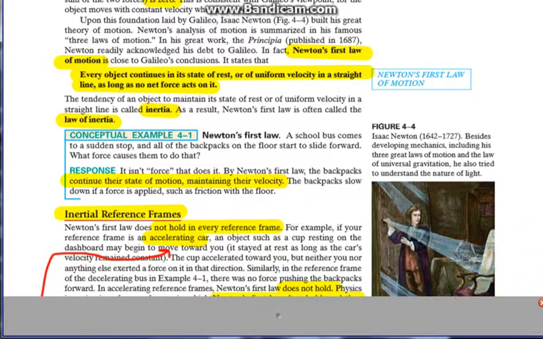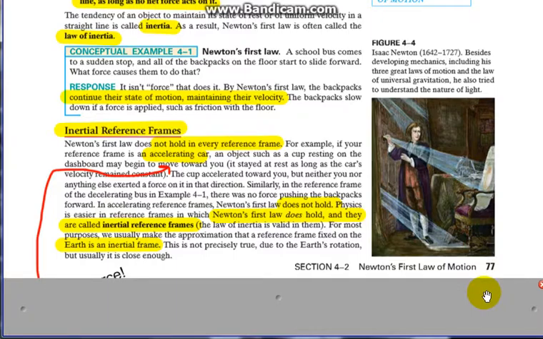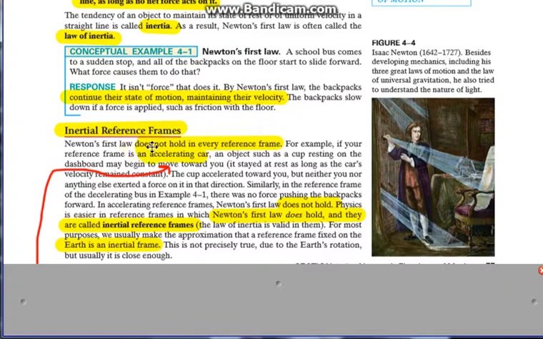Okay. Lastly here, inertial frames. This was alluded to in that 1960s video as well. Newton's first law does not hold for every reference frame. For example, if your reference frame is an accelerating car, either speeding up or slowing down, you would see weird things happen in the car, such as cups resting on the dashboard may move towards you if you slam on the brakes and decelerate.